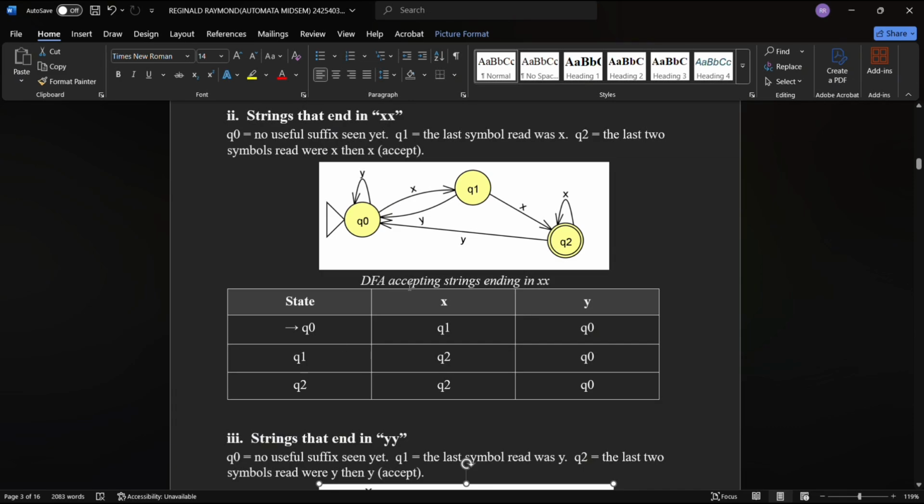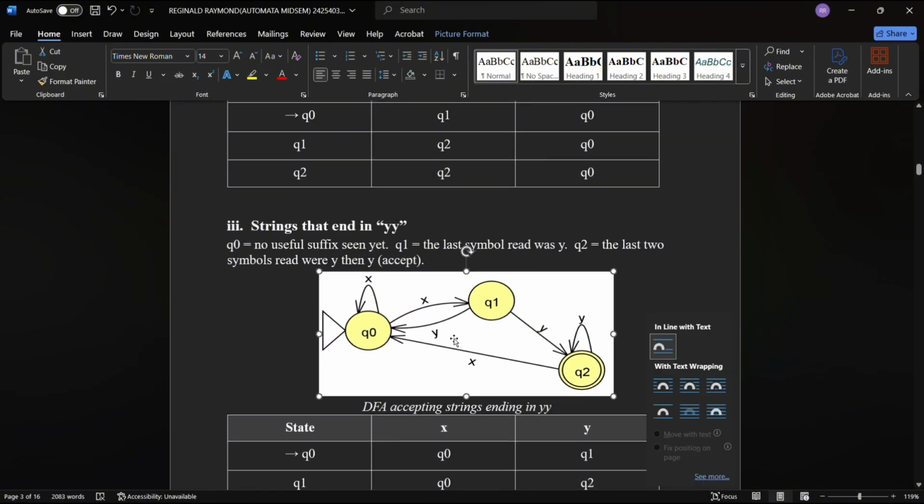Now you're on Q1. When it receives X, it goes towards Q2. When it receives Y, it goes towards Q0. And Q2, when it receives X, it goes towards Q2. When it receives Y, it's going towards Q0.